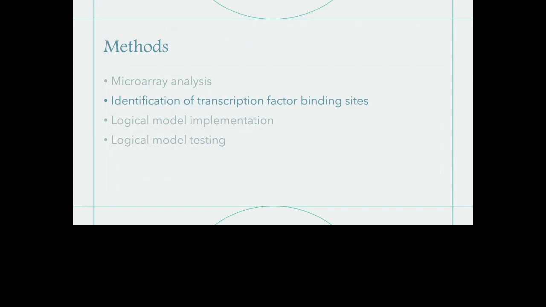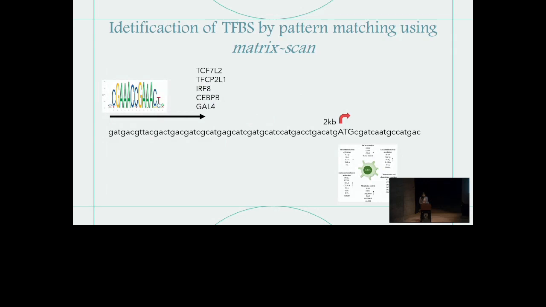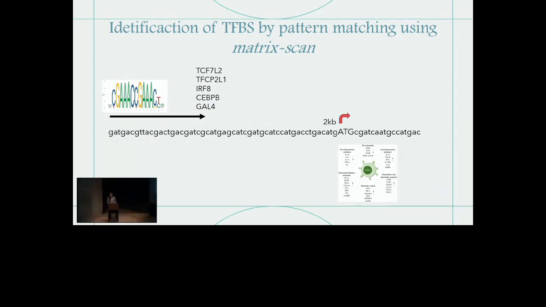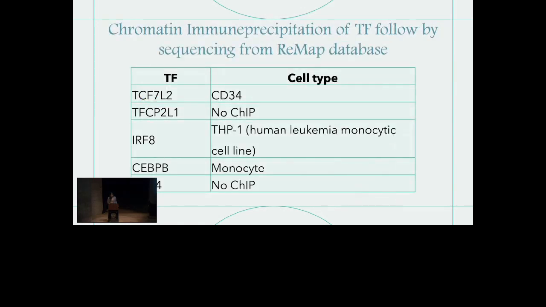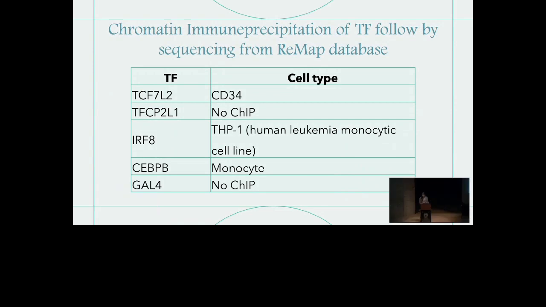Then we moved to the identification of transcription factor binding sites using those 5 transcription factors overexpressed in the tolerogenic dendritic cells. We took the matrices of all these transcription factors and looked into the 2 kb upstream of the transcription start sites of the markers specific for the tolerogenic dendritic cells that we saw earlier. We also looked for ChIP-seq done with the transcription factors of our interest in the ReMap database.